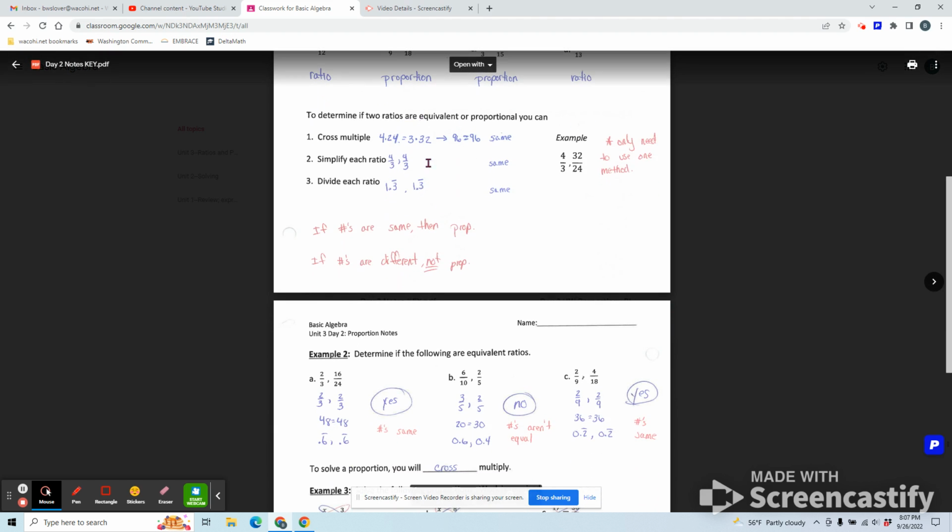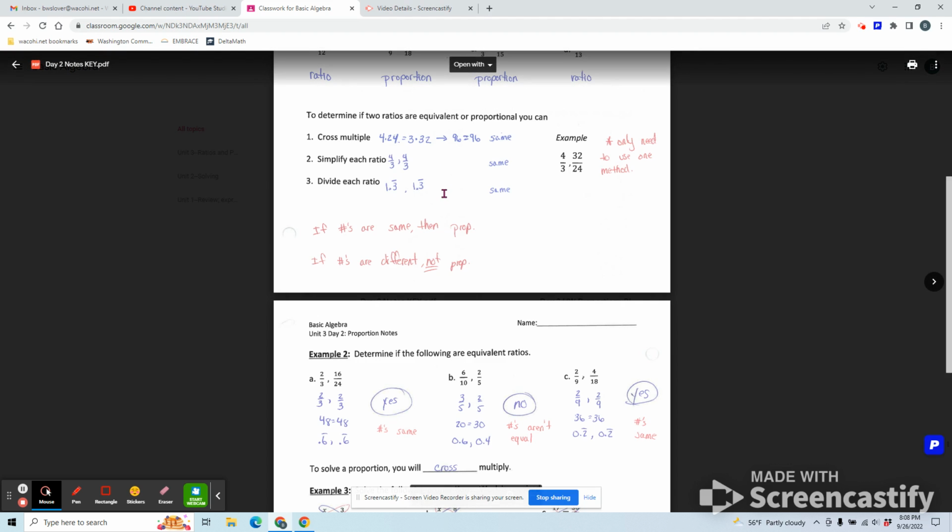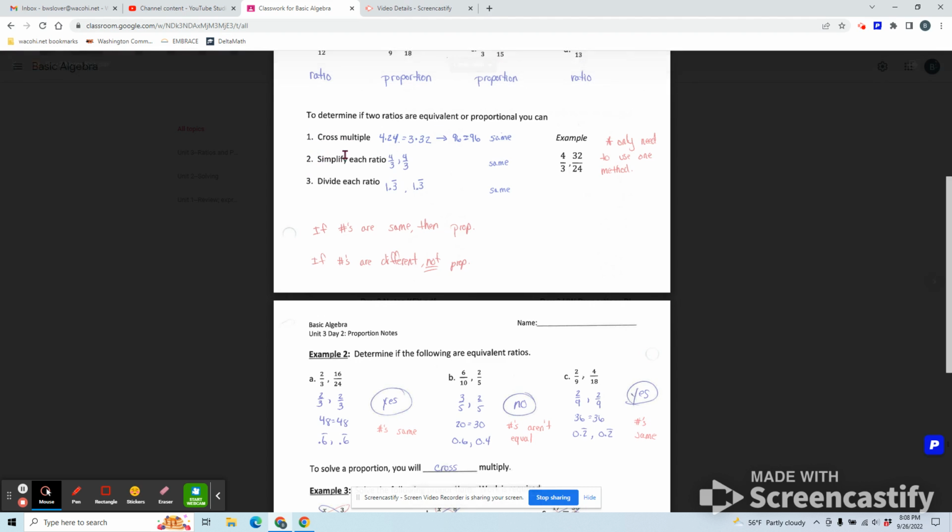To determine if two ratios are equivalent or proportional, you can... We're not going to do a whole lot with this, but you may in your geometry class next year, or potentially even in your Algebra 2 class in your junior year. To determine if two ratios are equivalent, you are going to cross multiply, or you can simplify each ratio, or you can divide each ratio.